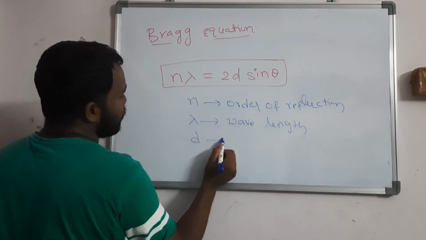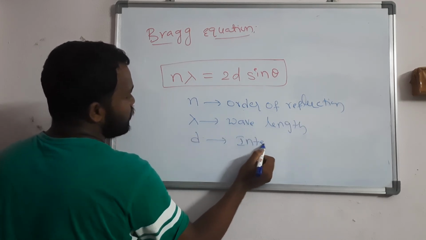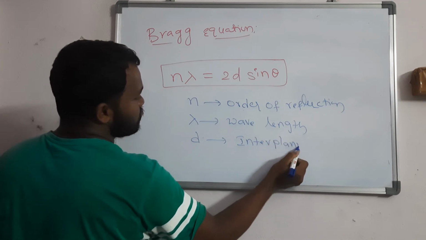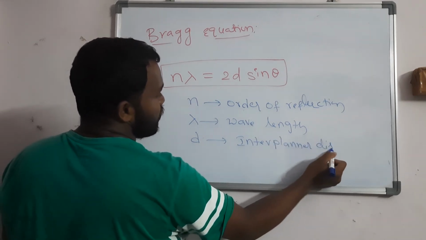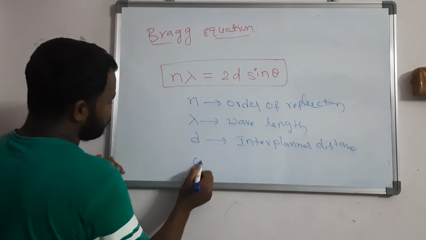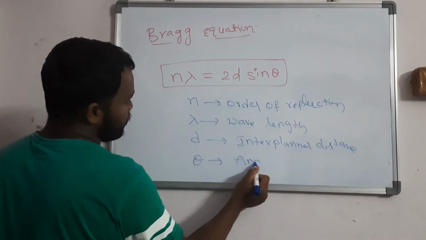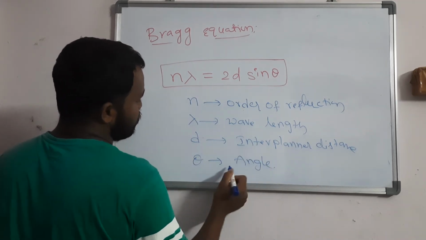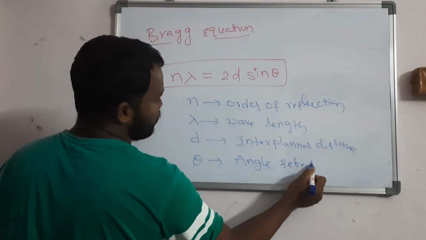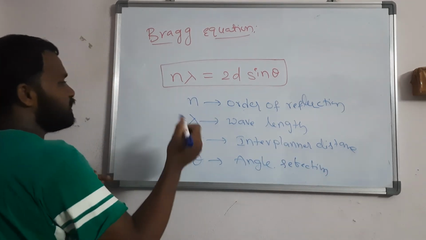And d means interplanar distance. And theta means the reflection angle.